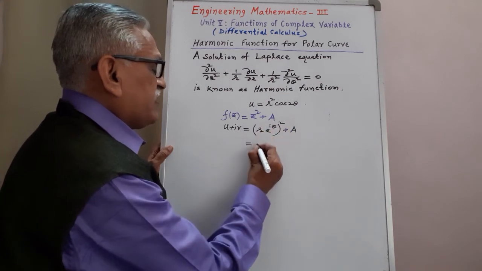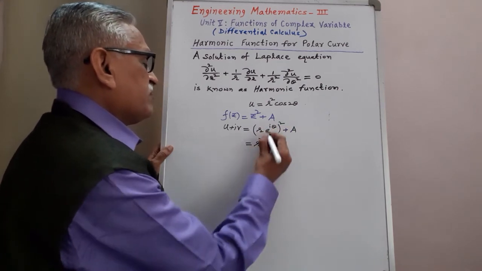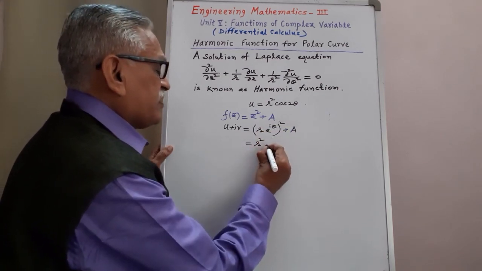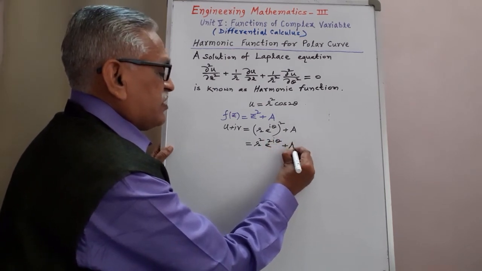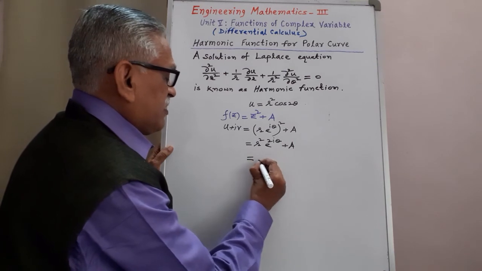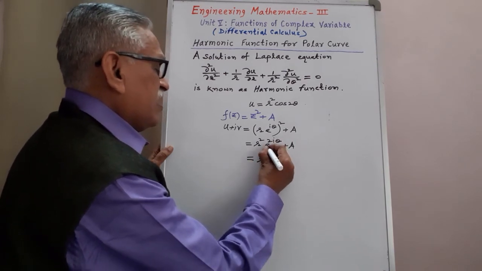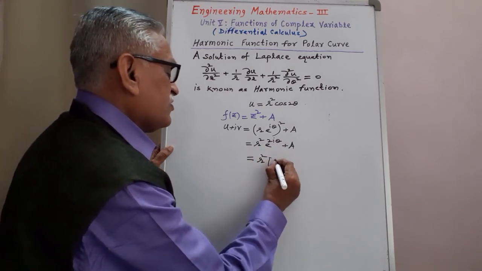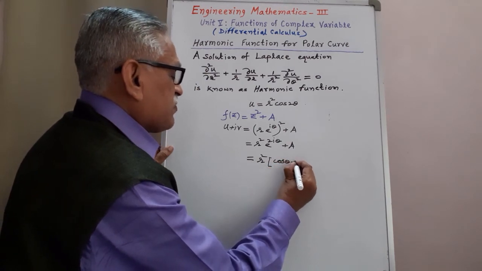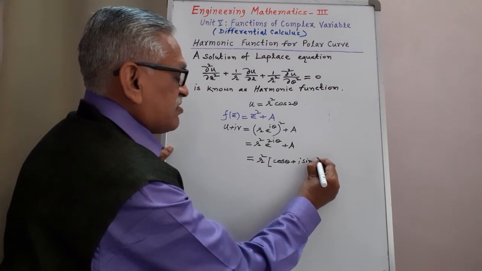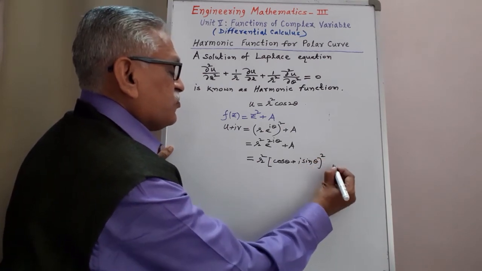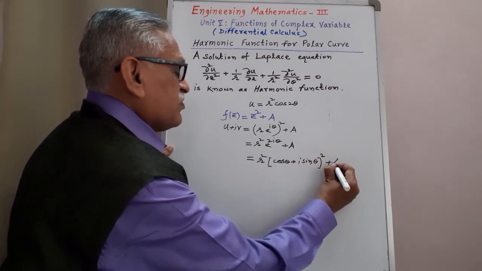Simplifying it, we get r square, of this e raised to I theta is e raised to 2I theta, plus e. This is nothing but r square, e raised to I theta is nothing but cos theta plus I sin theta, and that raised to 2, plus e.